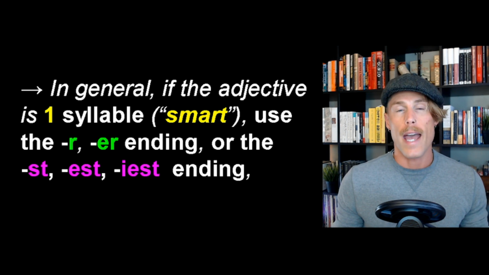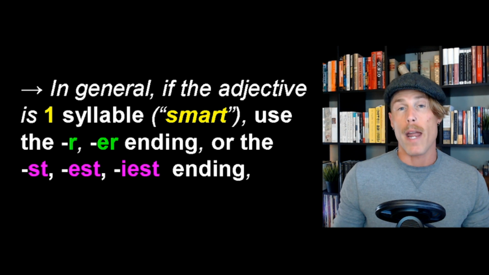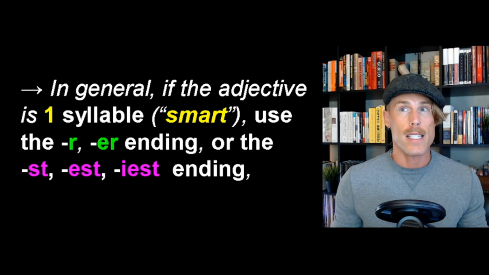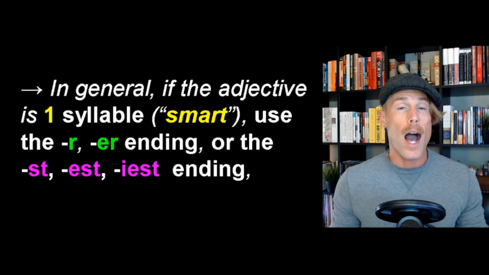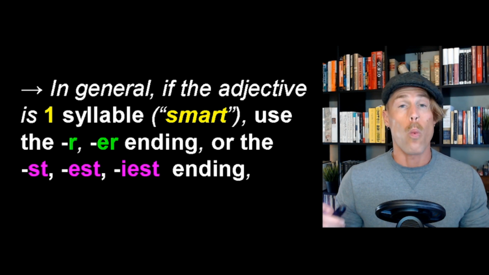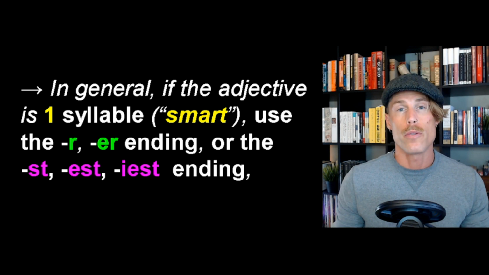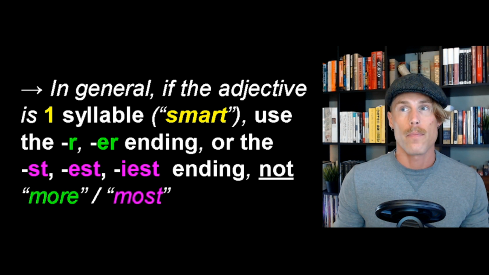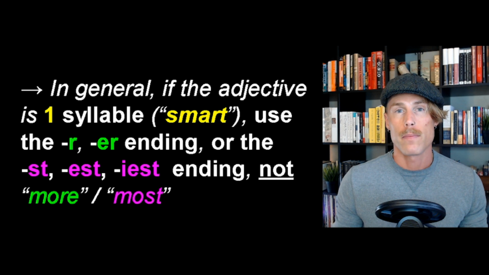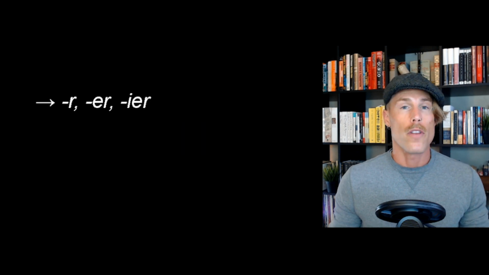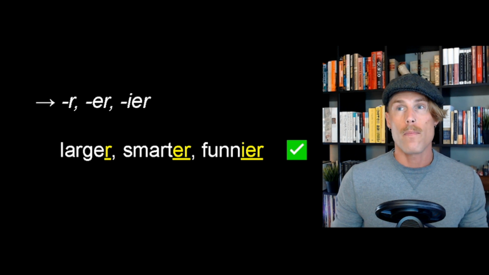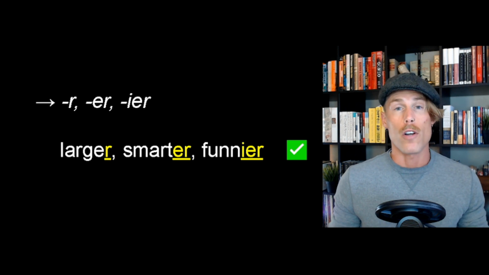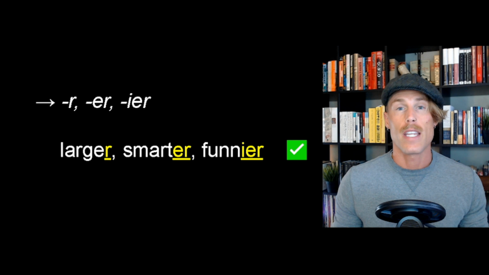Remember that R and ER is for comparatives, and the ST, EST, IEST ending is for superlatives. Okay, so one syllable, use these endings, not more or most. So the R, ER, IER: larger, smarter, funnier. It's correct.